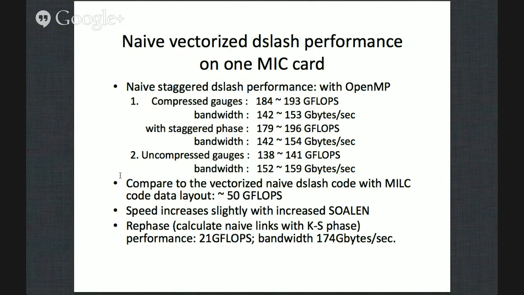When we add the staggered phase, we also need the rephase routine, which calculates the naive link with the staggered phase. Its performance is around 20 gigaflops, and bandwidth is around 170 gigabytes per second. The performance is low because we don't have many floating point instructions compared to the D-slash routine.